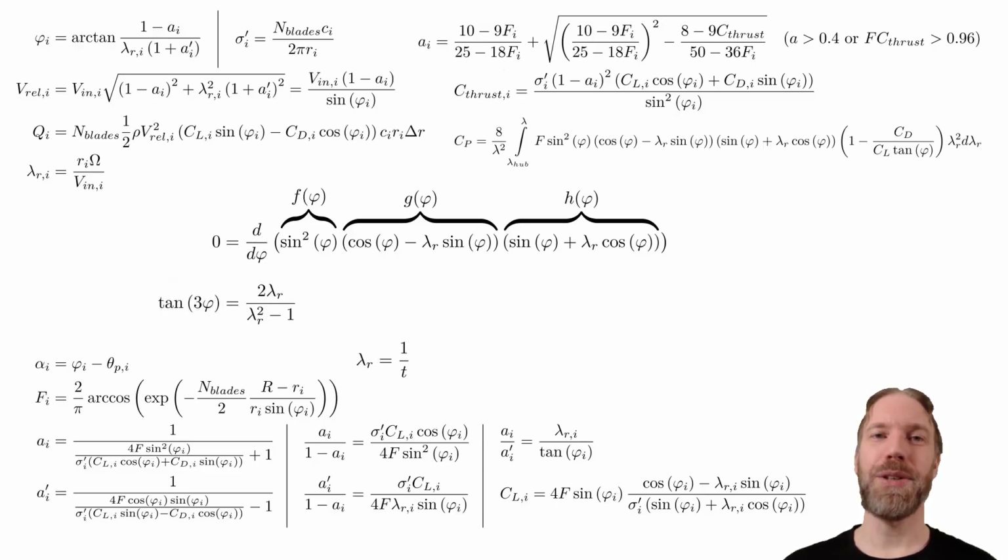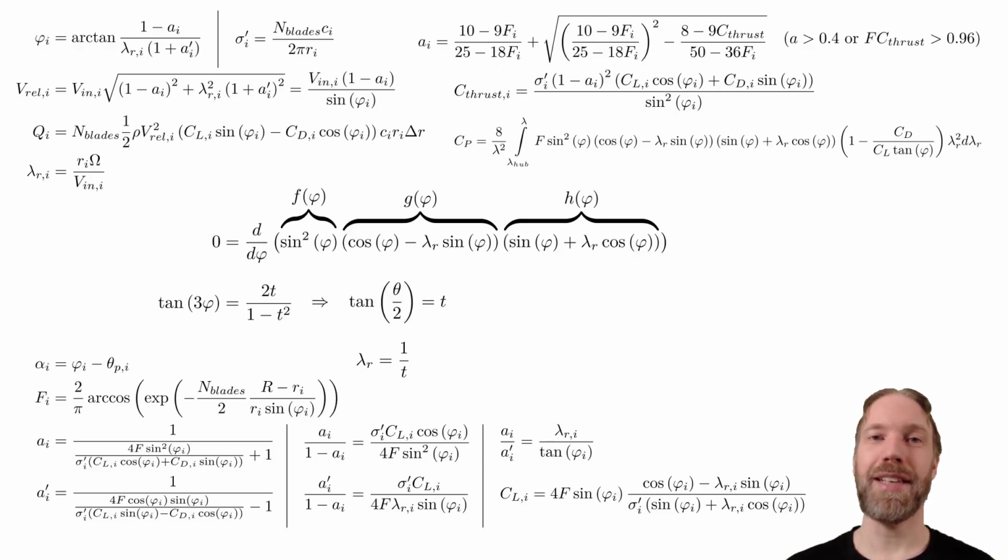Let's make a substitution. Call lambda 1 over t. Multiply by t squared. This is t. We are now going to use Weierstrass substitution.